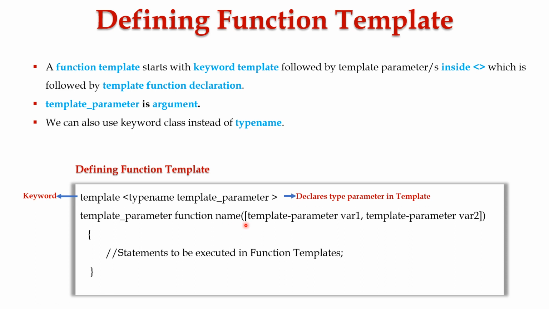After the function name, we have the list of arguments to be used inside the function. We can have a number of arguments. Here we have variable 1, variable 2 of template parameter type. Then we have an open curly brace followed by statements to be executed inside the function template, and ended with the closed curly brace.